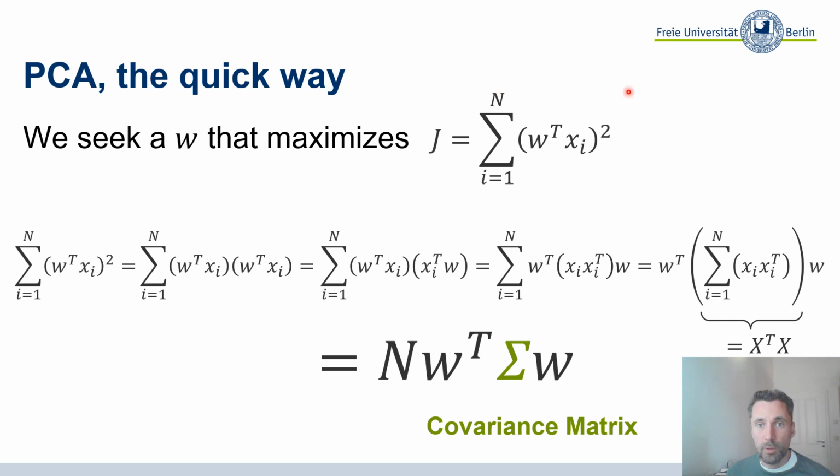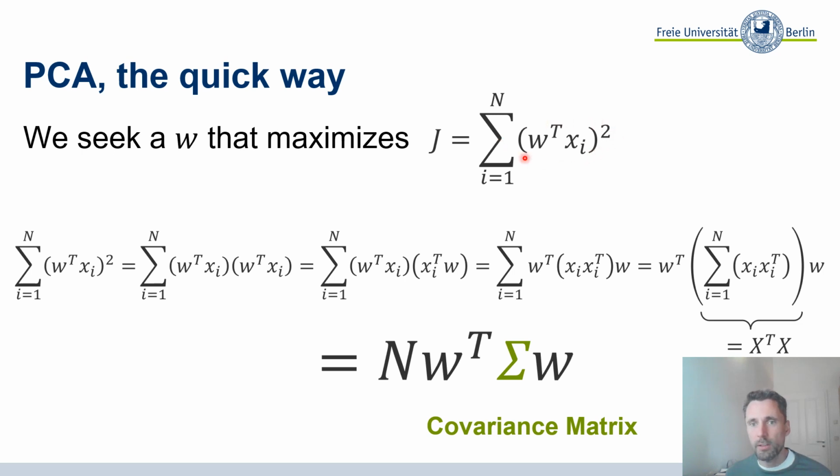And let's start again by looking at this term here. So W transpose Xi was Xi projected down on W. And that gives us the scalar deviation from 0. Squaring it and summing all these things up is the one-dimensional variance along W. Yeah?